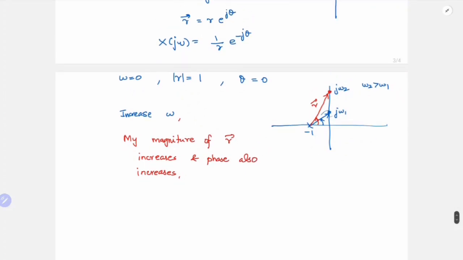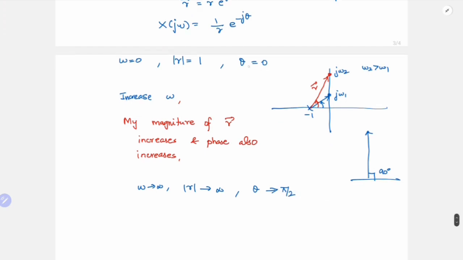And how long can r go? When omega tends to infinity, r also tends to infinity and theta tends to, so it will be a straight line which is nothing but 90 degree, right? It will be something like this, which is pi by 2. So my theta tends from 0 to pi by 2 as I increase omega from 0 to infinity.